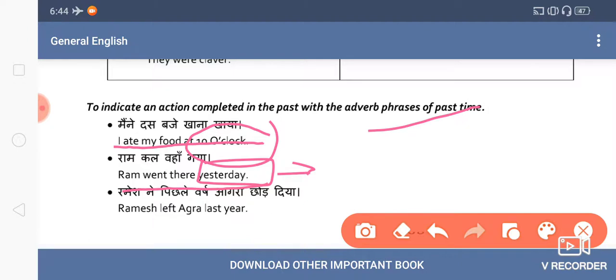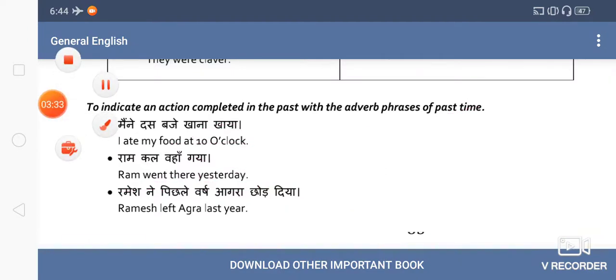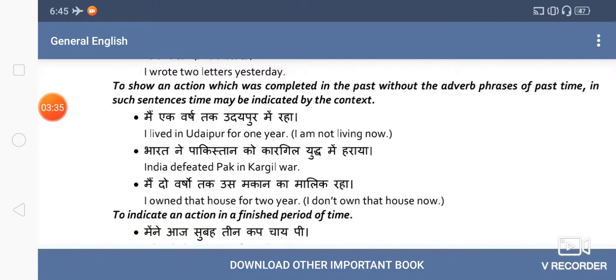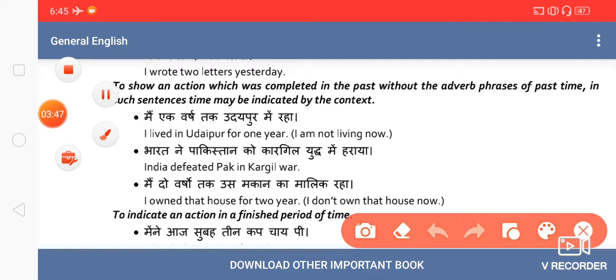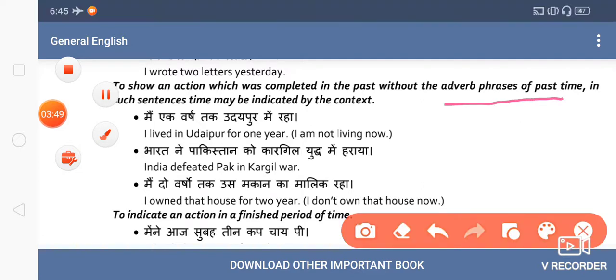So a time reference will be given and you will find the verb in past tense. We also use it to show an action which was completed in the past, sometimes without an adverb phrase of time.